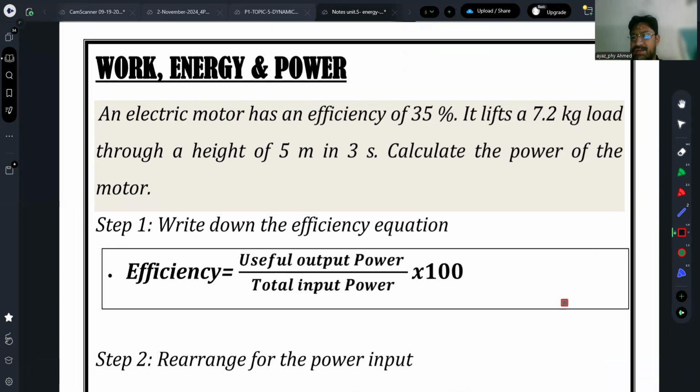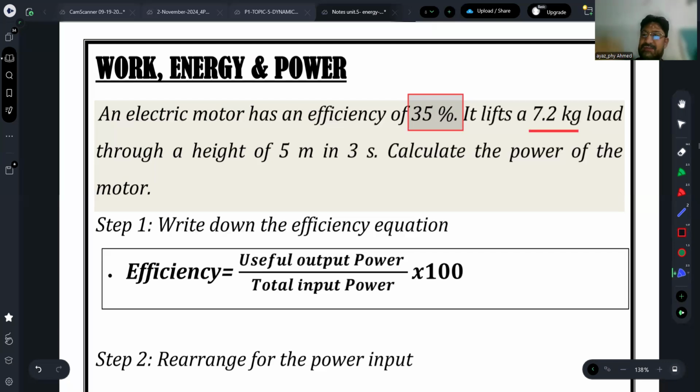That is the question. So when you are going to solve this question, what do you have? This is 35% efficiency. Then mass is given to you, the mass lifted by the motor, and then height is given, and time is given, and you are supposed to calculate the power.